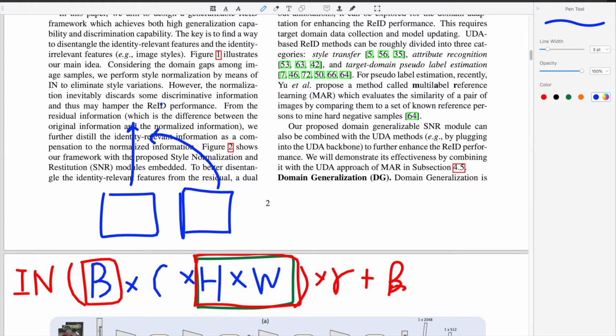What AdaIN does is it allows a single model to do this task in an arbitrary style, and the AdaIN module normalizes the feature via instance norm. And you have this multiplying by gamma and beta part.